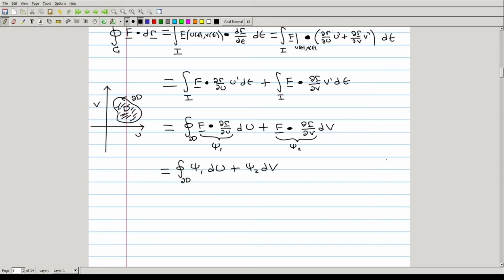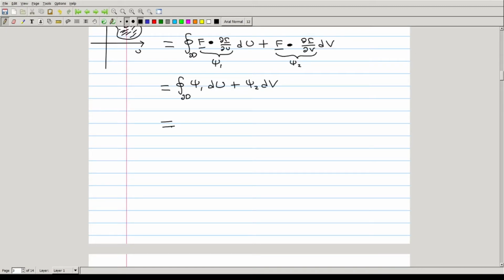And I'll give you a second to think about exactly what it is that we're going to do here, but notice that this UV space, because it's a parameterization of a surface, is in general some two-dimensional space. We can directly apply our Green's theorem from last lecture to this expression right here.